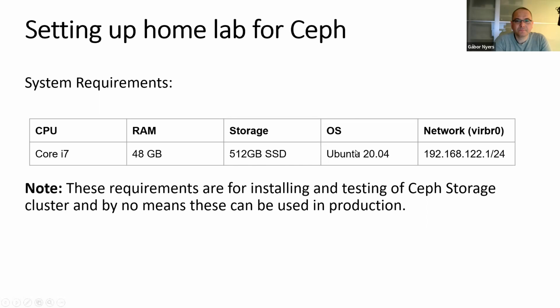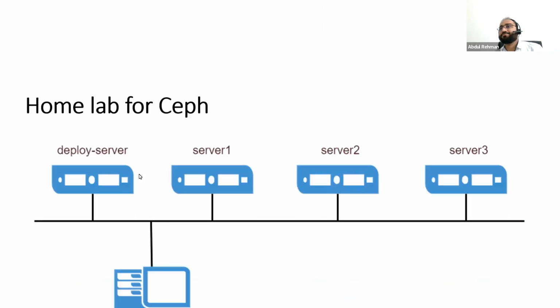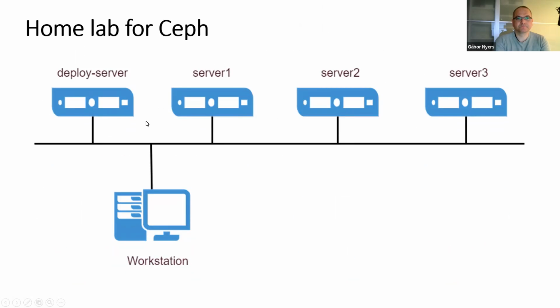The OS on my laptop is different, but I created virtual machines in VMware Workstation running Ubuntu 20.04, with a virtual bridge network. We will see this in detail. Simply, there are 4 servers in total. These are actually virtual machines: deploy server, server 1, server 2, and server 3. Okay, I will go to that.